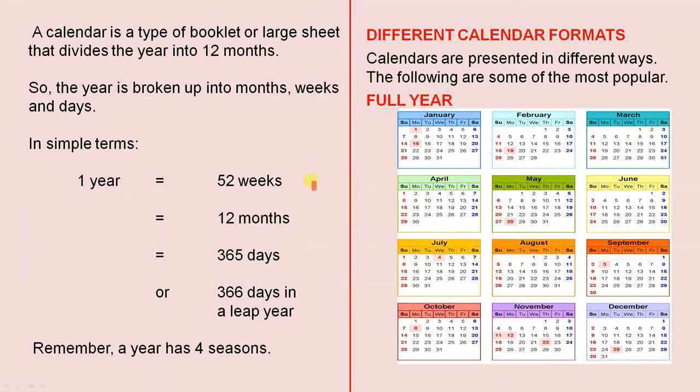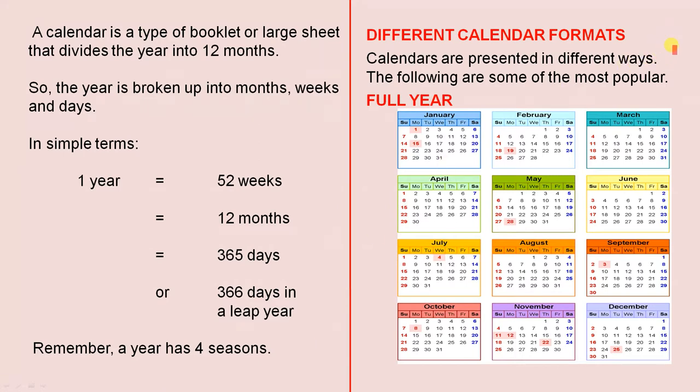In simple terms, 1 year equals 52 weeks, which is 12 months, which is 365 days, or 366 days in a leap year. Remember that a year has 4 seasons: spring, summer, autumn and winter.